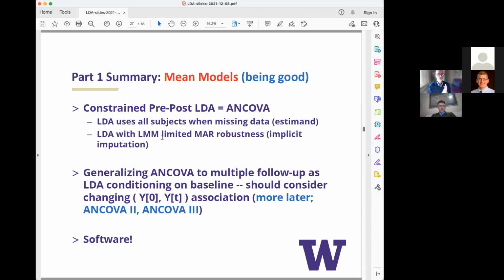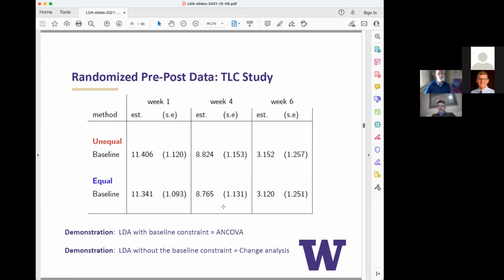How do we generalize it to multiple follow-up? And then I think we saw when we looked at the variance covariance, there might be some issues about the changing association between baseline and follow-up. And in fact, we saw some potential changing associations between baseline and follow-up, depending on which treatment group you were in. The pre-post correlation looked to differ in those two groups.